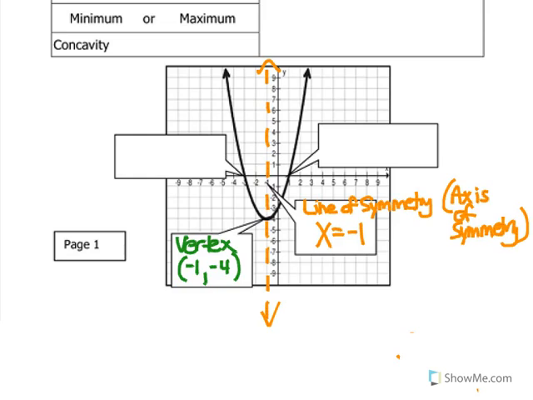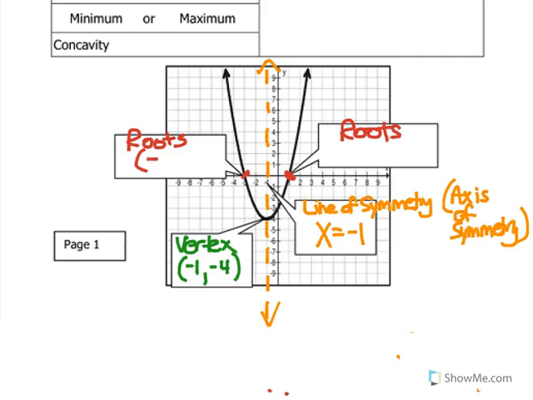Now, the other 2 points where the call-out buttons are showing are what we call the roots. Let's write the word roots in here. That's this point where it crosses the x-axis and this point where it crosses the x-axis. Let's determine the value of those using a coordinate pair.